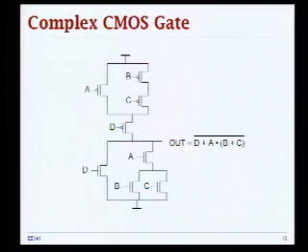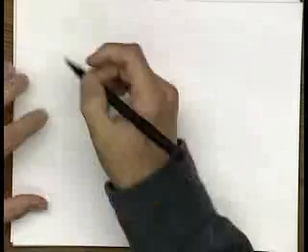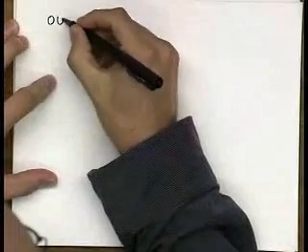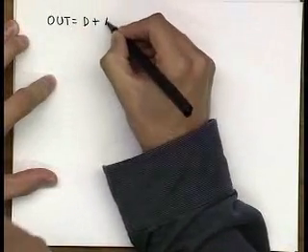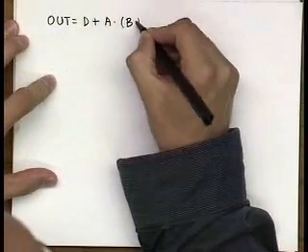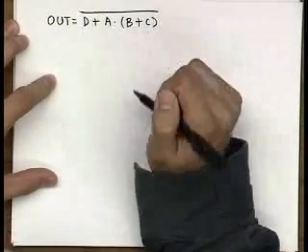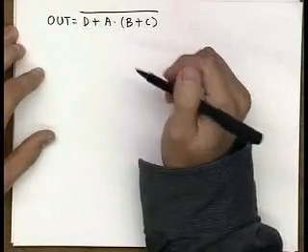So now let's look at a more complex logic gate. How would you construct, for example, a logic function like this? The output is equal to D plus A times B plus C, all inverted.